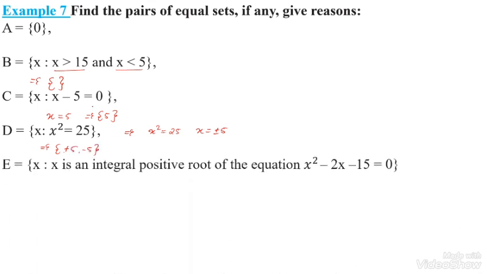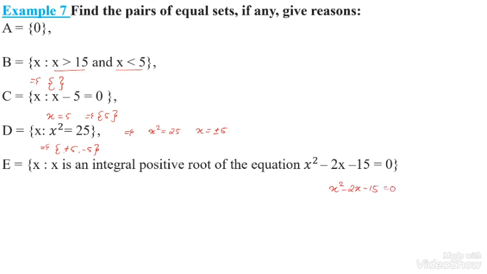Now let us move on to E. Here x is an integral positive root of the equation x squared minus 2x minus 15 equal to 0.